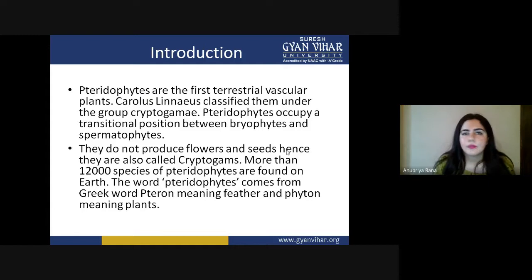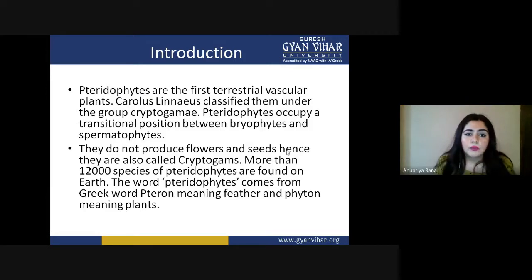Carolus Linnaeus, the legendary father of modern botany, classified them under the group Cryptogamia, and Pteridophyta occupies a transitional position between the Bryophyta and Spermatophyta. According to Linnaeus, he put the Pteridophytes in a transition position.